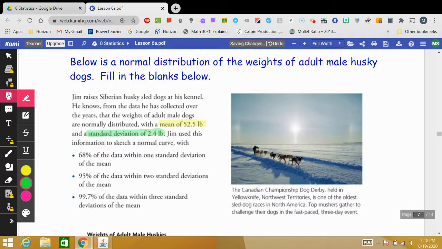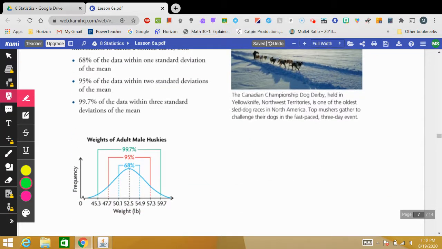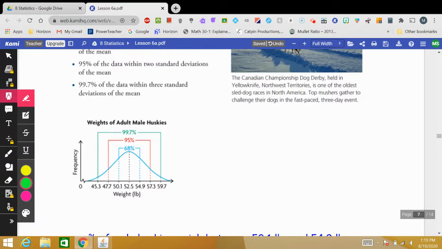Jim uses information to sketch a normal curve with 68% of the data within 1, 95% of the data within 2, and 99.7% of the data within 3. So here's the picture. Notice the 52.5 is in the middle because that is the mean. And then the way he got these numbers here is he added the standard deviation.